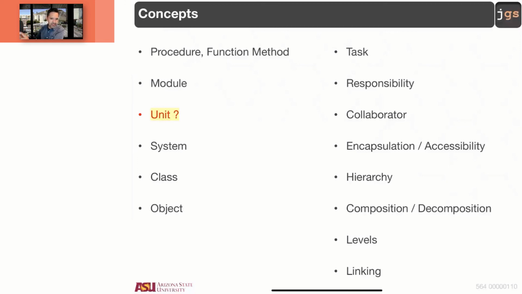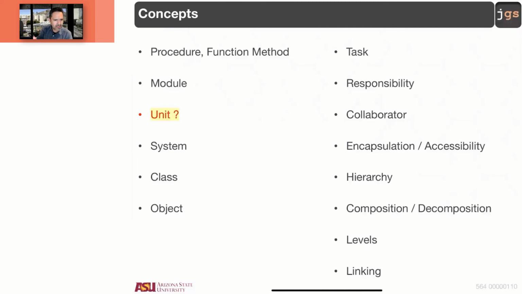The module still exists. What we change is what our units are. Talking about units, I just mentioned the author of JUnit, this framework that we use for testing. JUnit. The J is Java, but really the key idea here is unit testing.